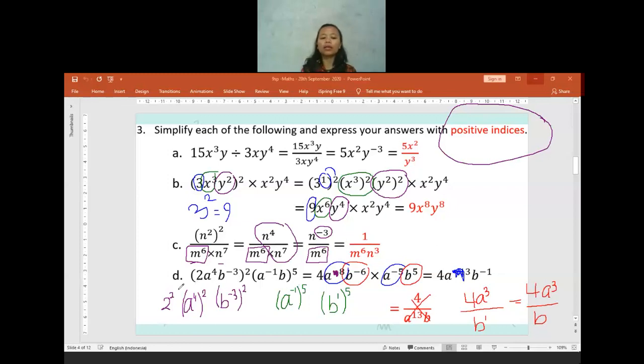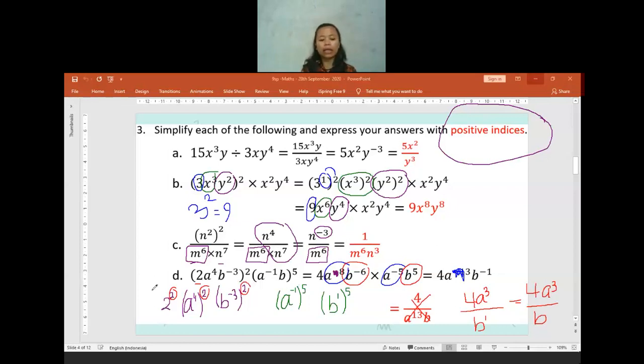So the number 2 will get the power of 2, the a to the power of 4 will get the power of 2, and b to the power of negative 3 will get the power of 2. Everything inside the bracket will get the power of 2.